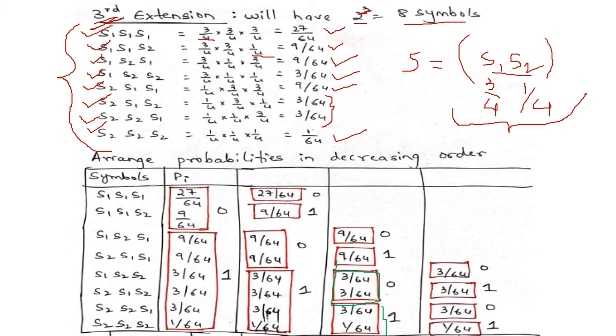The first group is assigned with 0, second group is assigned with 1. So in this third stage, this group has 2 elements, 3 by 64, 3 by 64. So 3 by 64 is considered as the first group and the other 3 by 64 is considered as the second group. First group assigned with 0, second group assigned with 1.